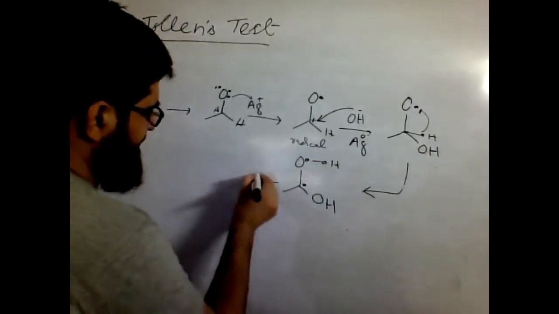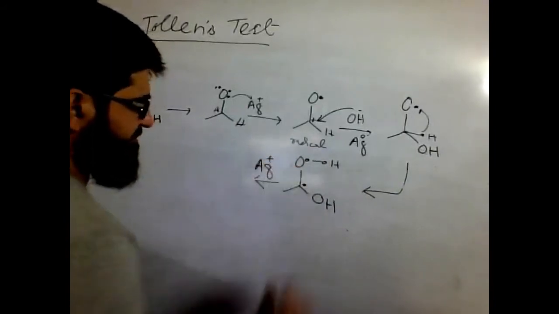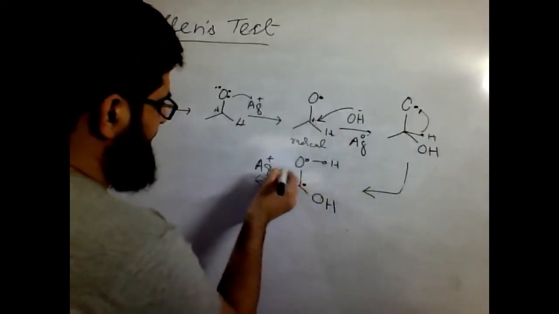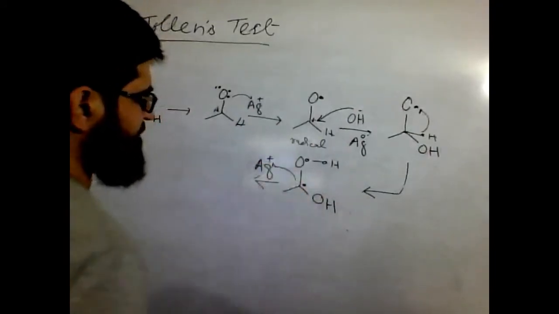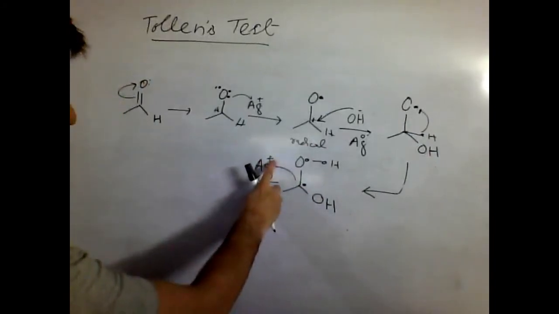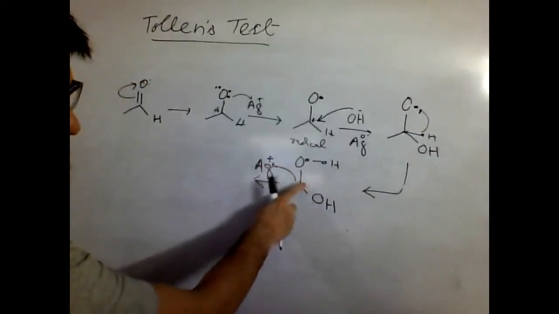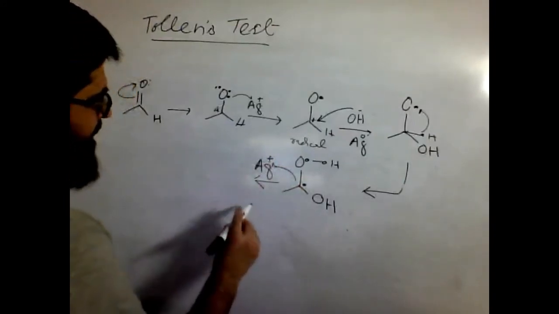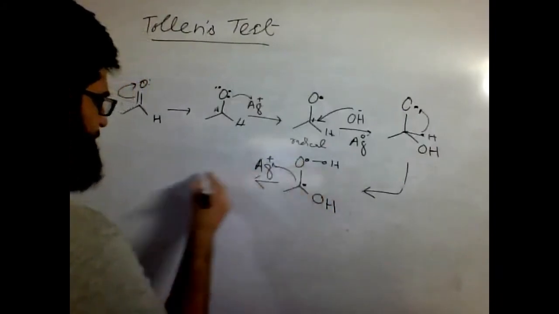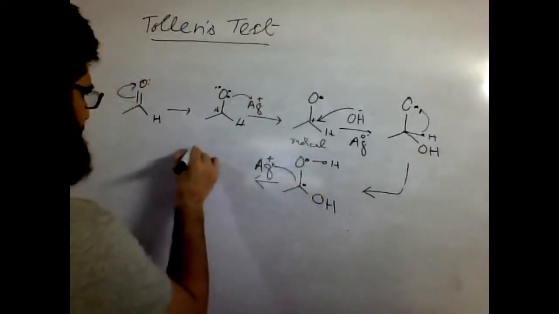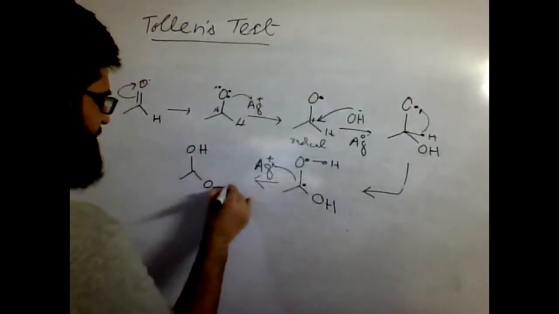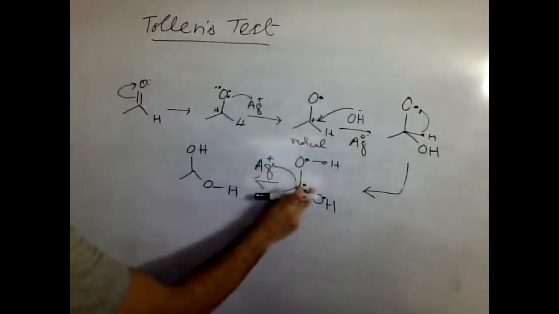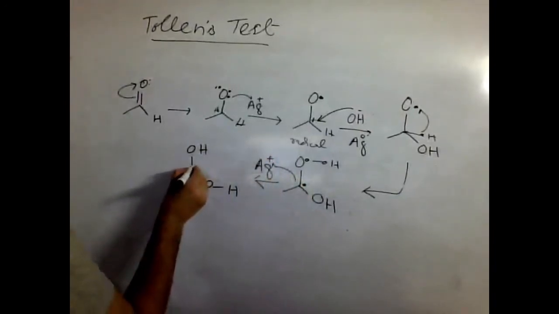So what happens then? Another Ag positive, another silver ion, which is available inside the test tube, comes over here, and this electron is given to it, because it is carrying a positive charge. One positive can be neutralized with one electron. So we will have OH, something like that. It has given away its electron from here to here, so again it will carry a positive charge.